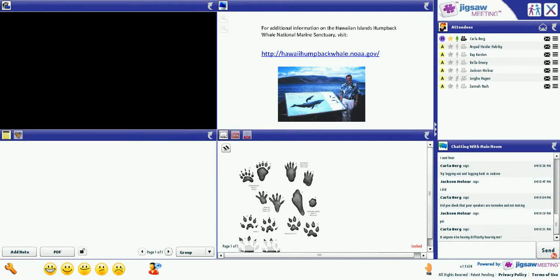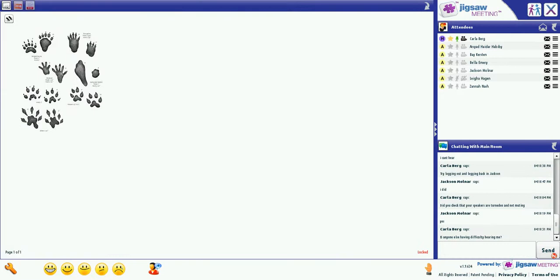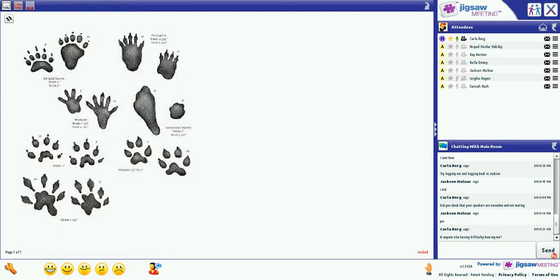And another way that scientists can determine when an animal has been around is by looking at their footprints. Here are some animal footprints. And right now it's not important what animal they are. We're going to talk about that in a couple of minutes.